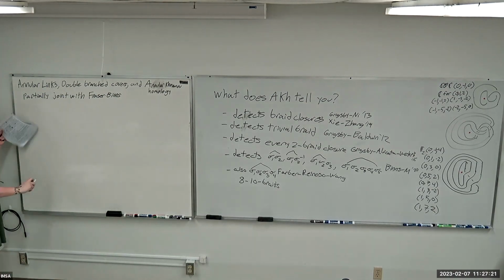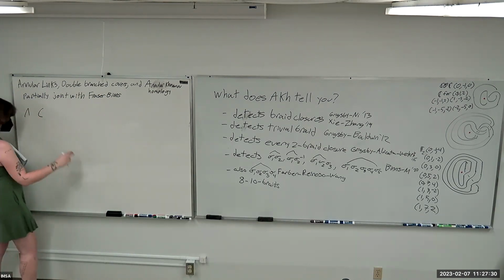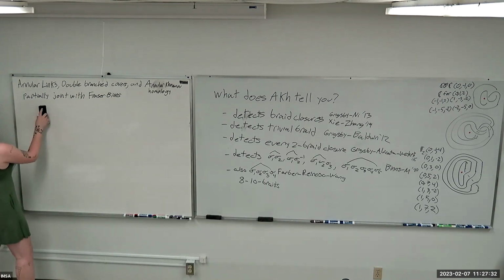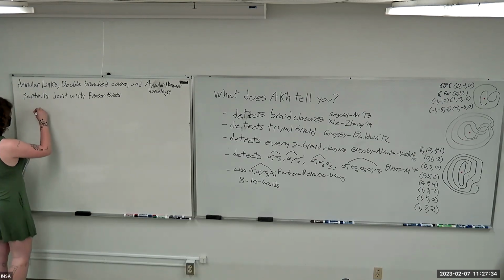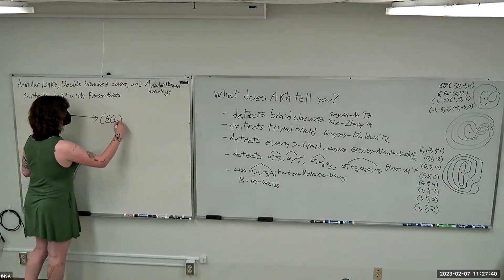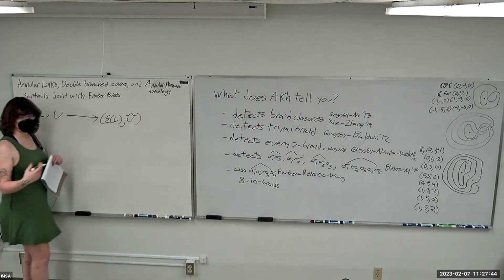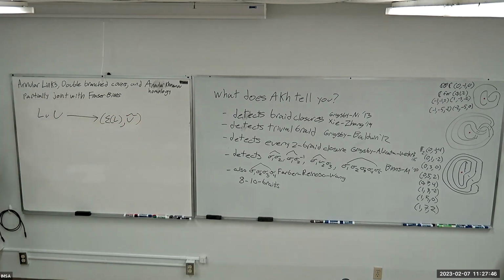So just to remember our setup, if we have our annular link, we were building ourselves this pair, which is a 3-manifold, where we're taking the branched double cover along L, together with this lift of the annular axis.